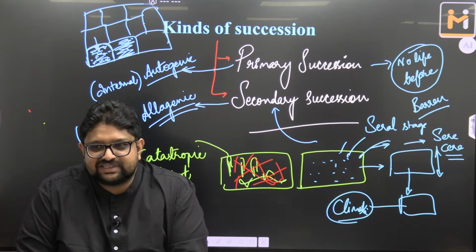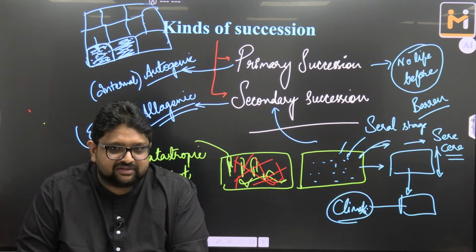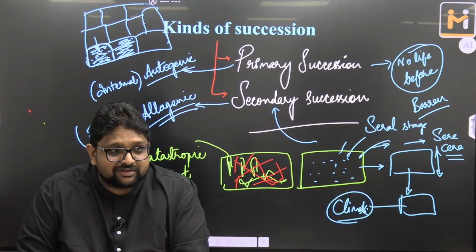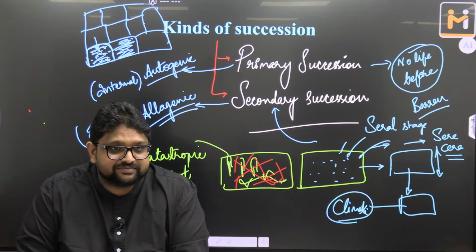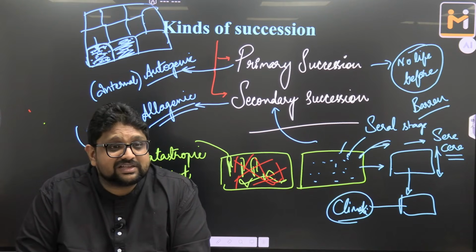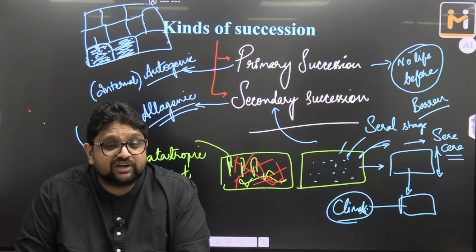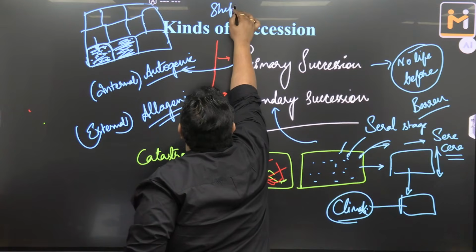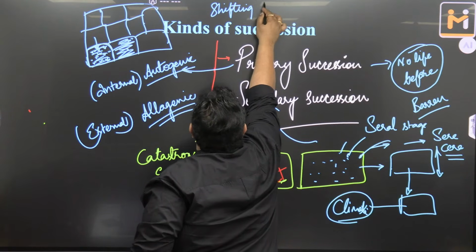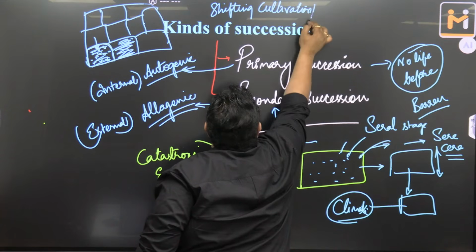The land which is left after cultivation of agriculture crops is called fallow land. So why do they burn? Because they want to clear the area for agriculture. That is the reason. It's a method of agriculture practice in the Northeast. It's called shifting cultivation or slash and burn method.